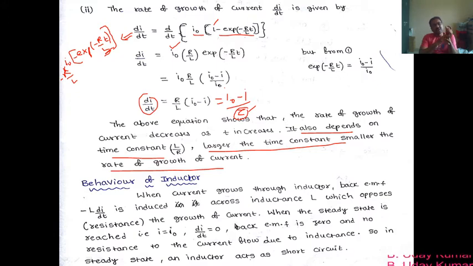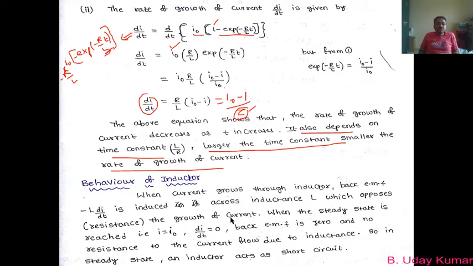So whenever the current is changing, the inductor always opposes that change by inducing an EMF, and that back EMF is called minus L dI by dt. This minus denotes that it opposes the change. If the current is increasing, the inductor tries to decrease it, and if the current is decreasing, the inductor tries to increase it. That is the meaning of back EMF.